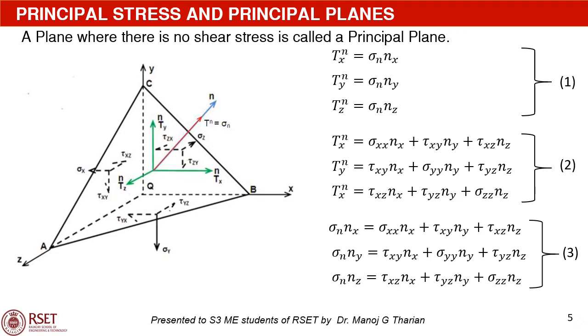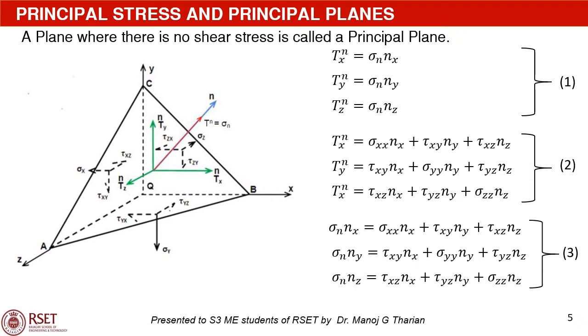That is, the resultant stress Tn is the same as the normal stress sigma n, and the resultant stress has got no component along the plane. The components of the resultant stress Tn, that is sigma n, along the x direction is Txn, along the y direction is Tyn, and along the z direction is Tzn.